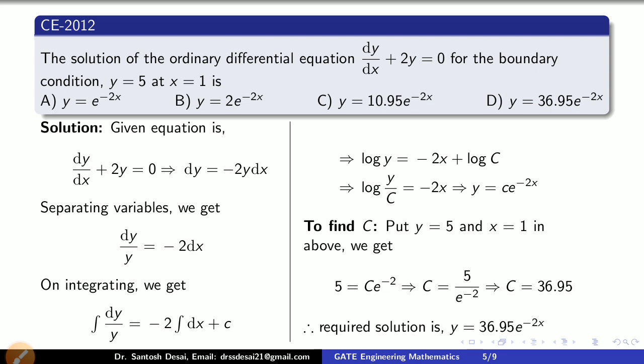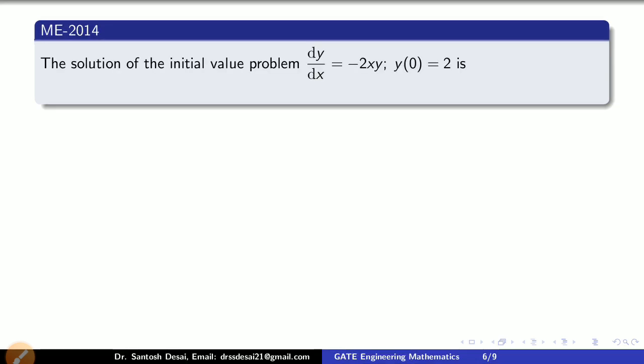Let us check the next example. The solution of the initial value problem dy by dx is equal to minus 2xy with the condition y of 0 equal to 2 is. Again, four options are given. Now, if you want to apply that previous trick, that means you have to put x is equal to 0 and check for which option the solution equals 2.